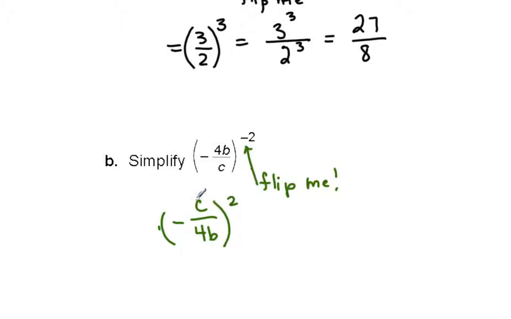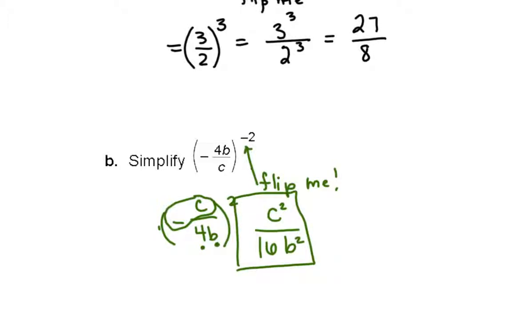Okay, I'm going to associate that negative with this c just for simplifying purposes. So negative c squared, negative c times negative c is going to give me a positive c squared all over. We have 2 factors in the denominator. 4 squared is 16. B squared is just b squared. And this will be your answer.